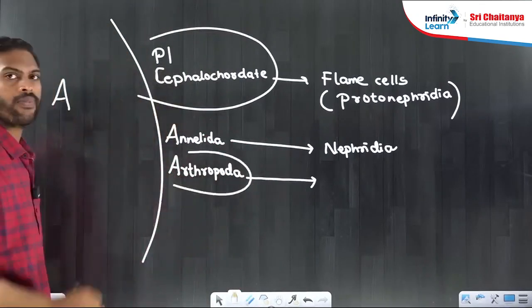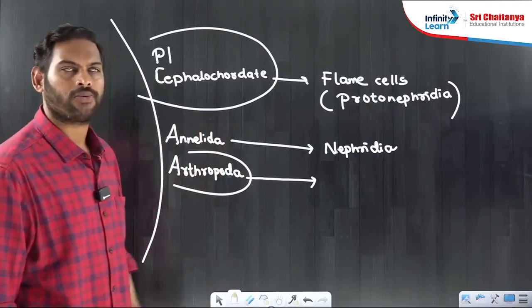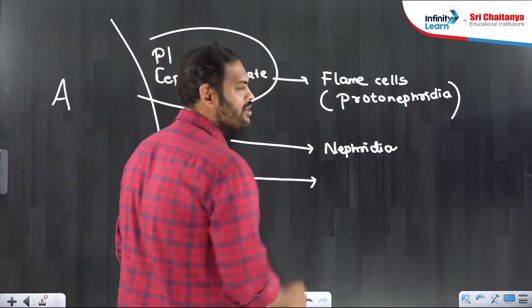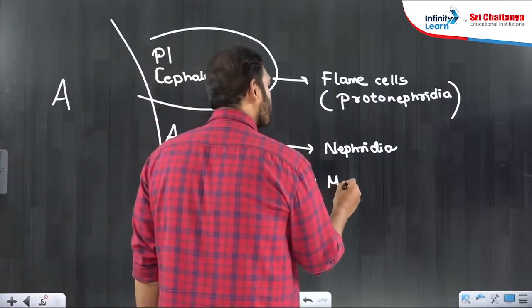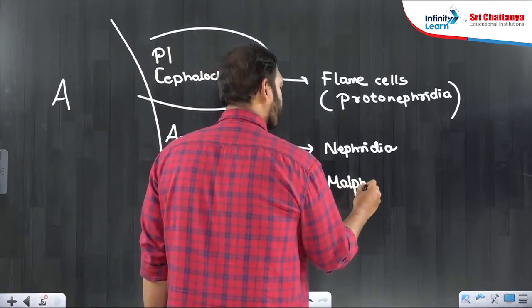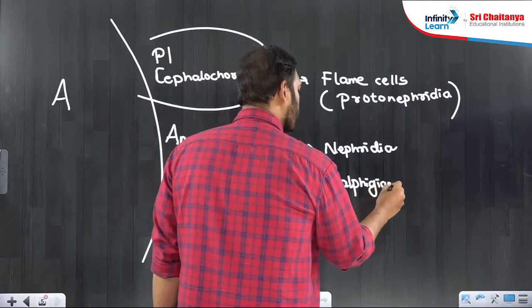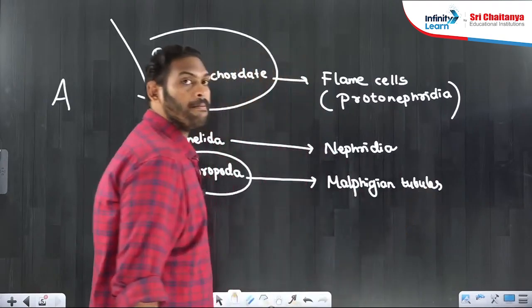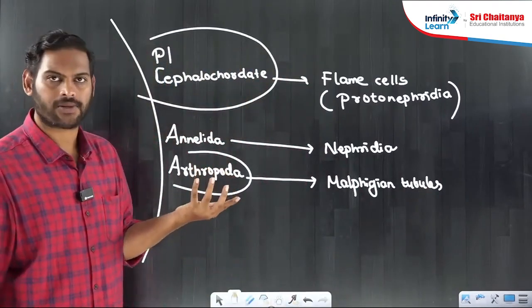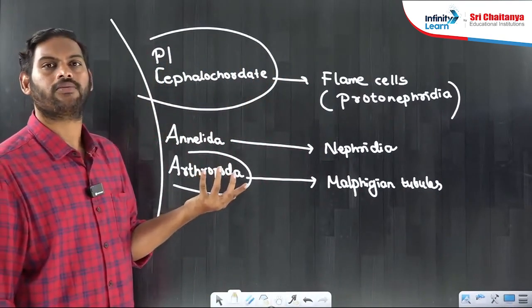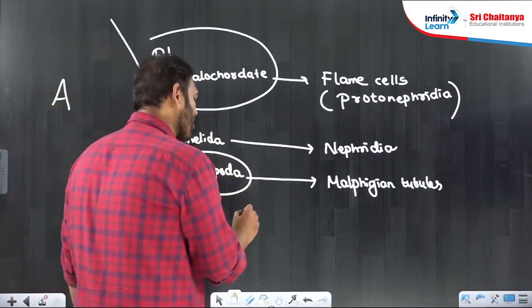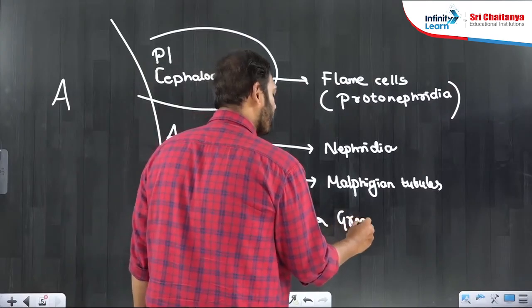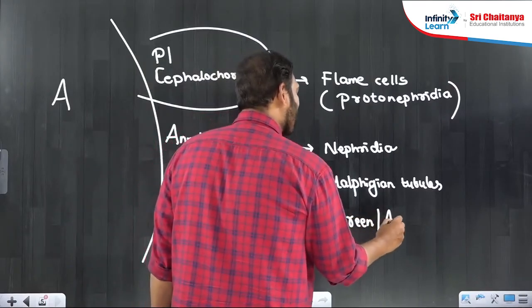In Arthropoda, terrestrial arthropods like honeybees, cockroaches, houseflies, may excrete with the help of Malpighian tubules, which is much better than nephridia. Whereas marine arthropods like crustaceans, crab, lobster, prawns, shrimps may excrete with the help of green glands, which are sometimes referred to as antennal glands.